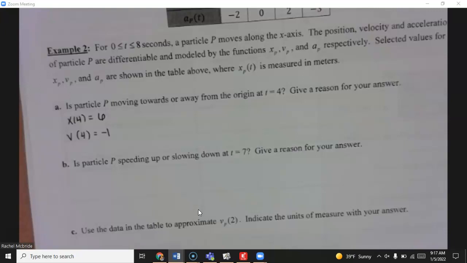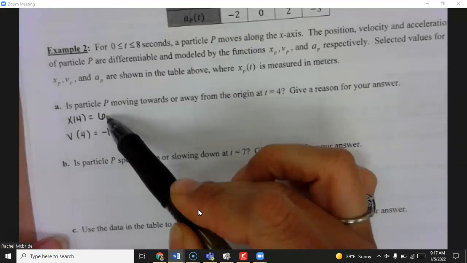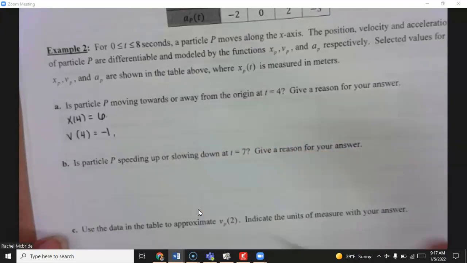So is the particle moving towards or away from the origin at t equals 4? Well, we've shown its position and its direction. Give a reason for your answer.